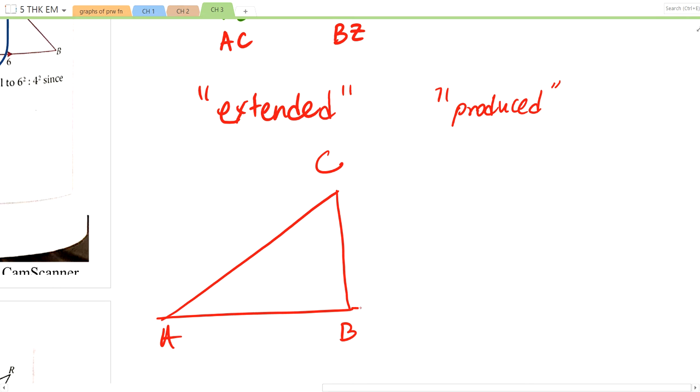If I extend this line over here, let's call it D. This portion is known as AB extended. It is also known as AB produced. Understand this English term? We can use this for tests and exams, and you need to know what it means. So the yellow highlighted part is AB produced, or we can call it AB extended.